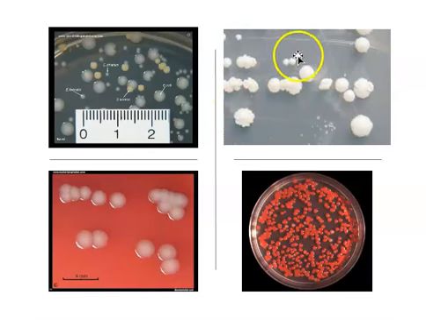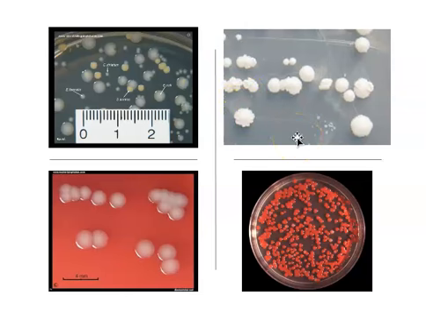I can see some that are small, some that are very small, and some that are quite big. In fact, it almost looks like no 2 colonies are the same. So how should I interpret this? Is each one of these colonies produced by a different organism? The answer is no. This particular group of colonies were all produced by the same organism.